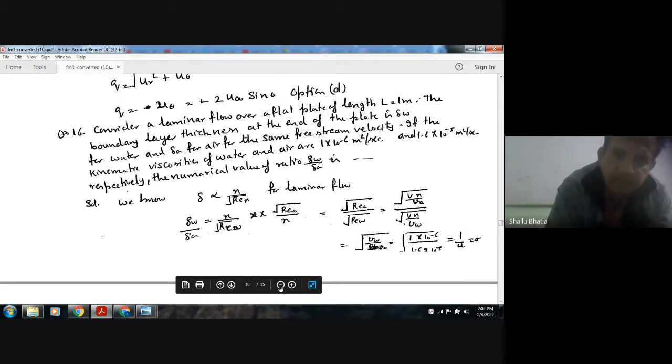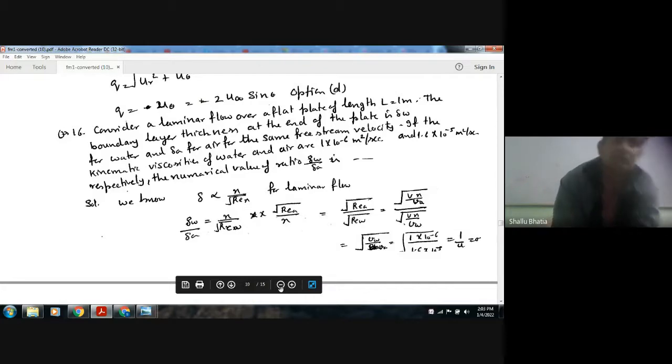For the same free stream velocity, the kinematic viscosity of water and air are 10⁻⁶ m²/s and 1.6 × 10⁻⁵ m²/s. The numerical value of the ratio δ_W/δ_A is? In a boundary layer we know that the boundary layer thickness is directly proportional to x/√Re_x.